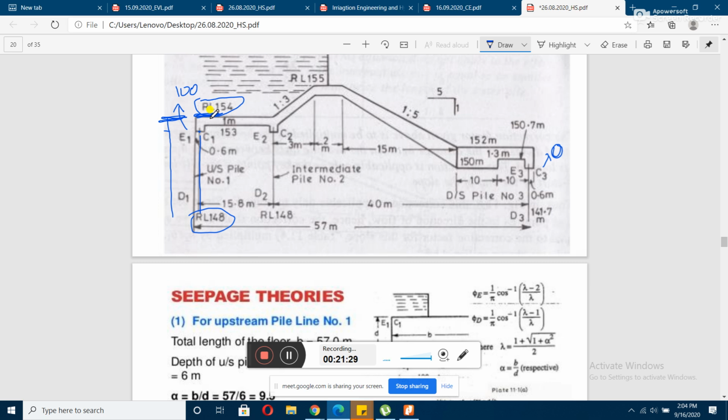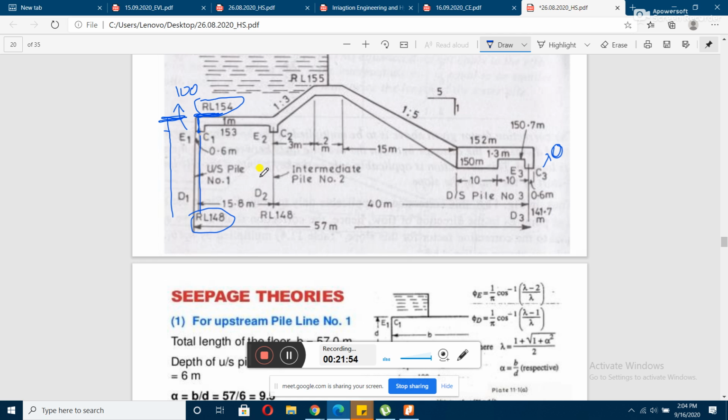The top fiber is at a reduced level of 154, and the bottom of your pile is at a reduced level of 148. So the height will be considered just from the top. Actually it is from this point, but we have to consider from the top.